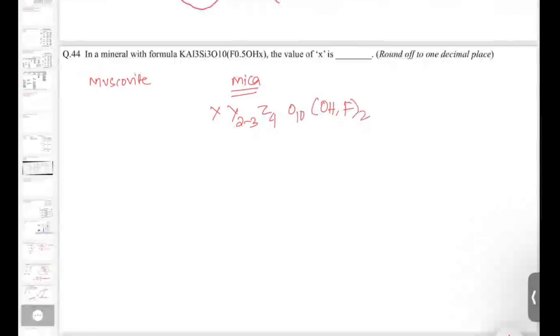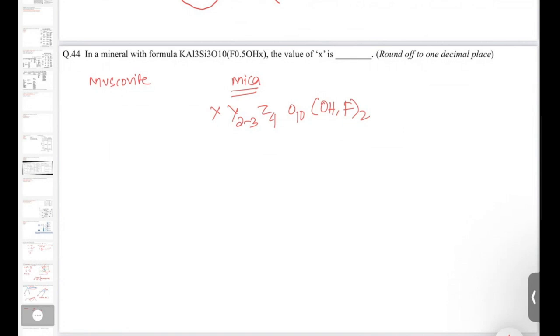If you compare this mica formula with the Muscovite formula, you can find it. Mica consists of mainly two major types of minerals. The first one is white micas, which are muscovites, and black micas, which are biotites.